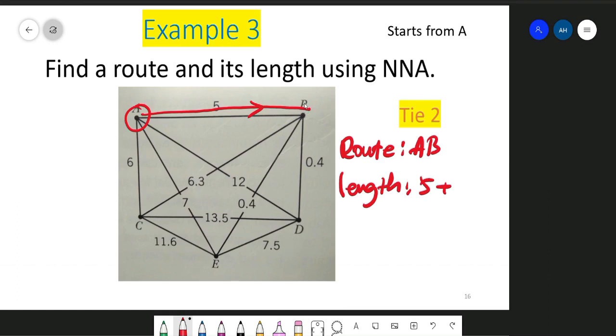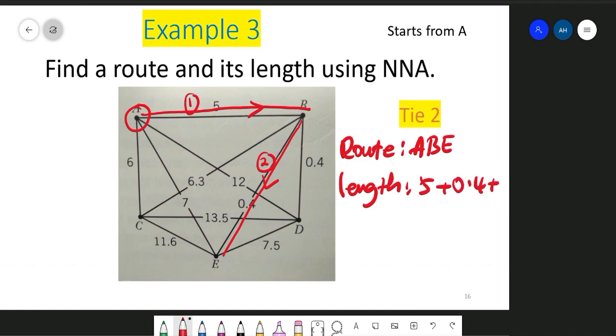Now we have a tie here. From B we choose another one, that is from B we go to E. This is path number 1. This is path number 2. From B we go to E, and that is 0.4.